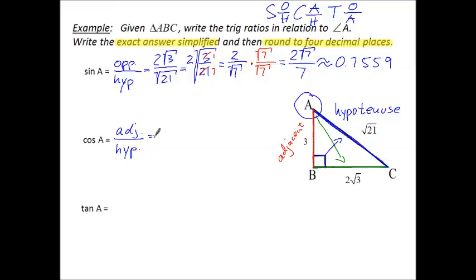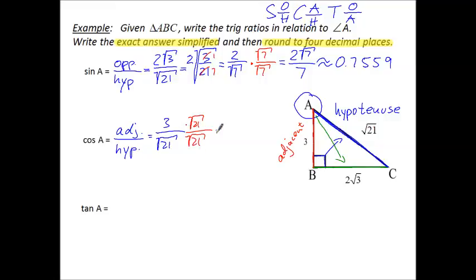The adjacent side has a length of 3, the hypotenuse is the square root of 21, and again we need to simplify, which means we need to get rid of a radical in the denominator. Multiply this by the square root of 21 over the square root of 21.